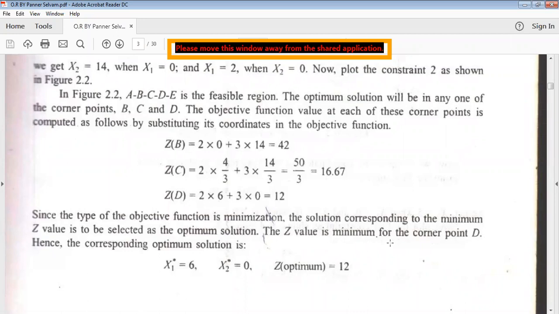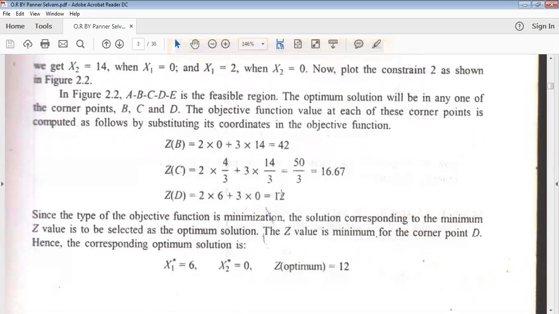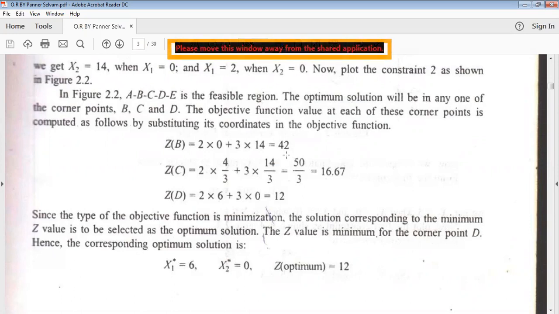That value is minimum for the corner point D. Hence, the corresponding optimum solution is x1 is equal to 6 and x2 is equal to 0, where z is equal to 12. So here it is minimum, and all these others are the maximum values.